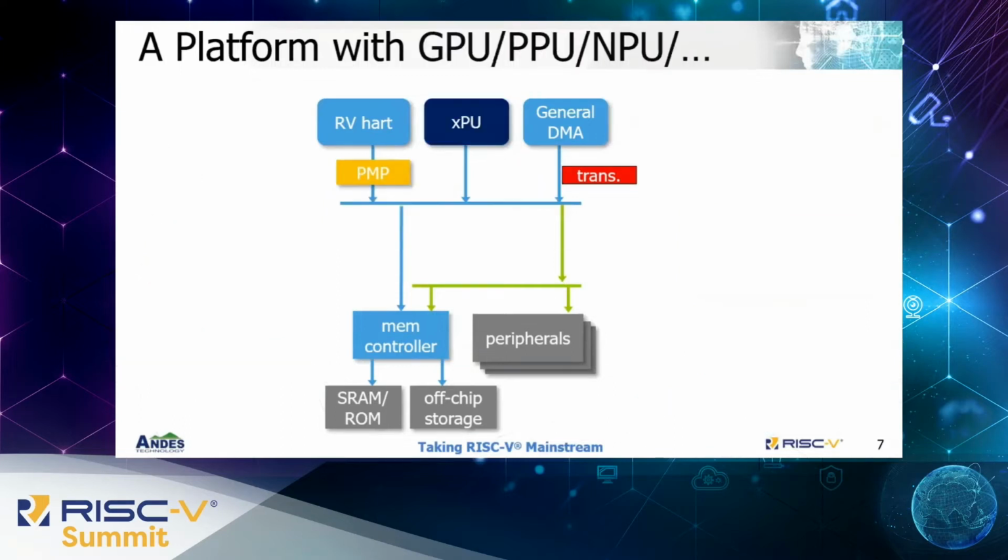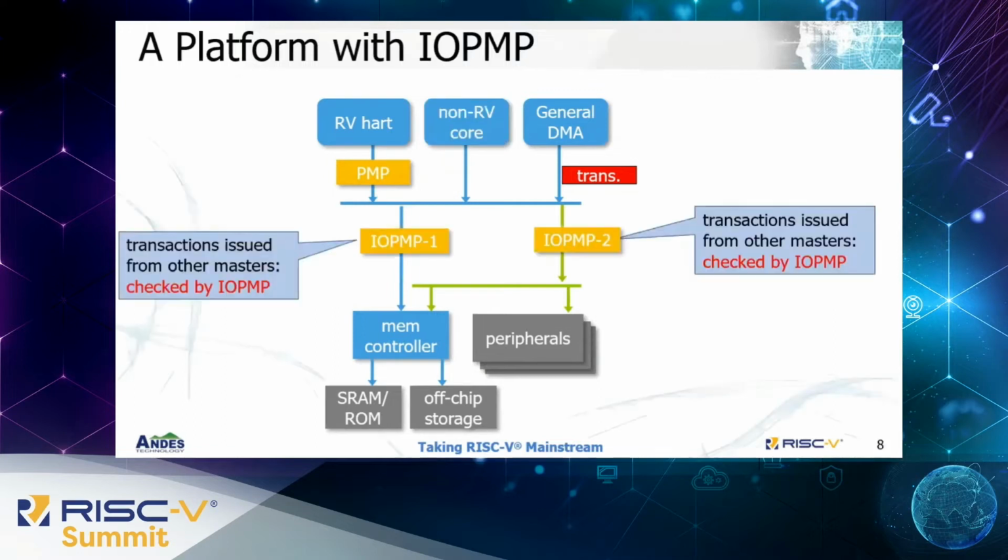If your system has GPU, NPU, or other accelerators, the situation becomes more complicated because such a bus master can get a piece of program as an input. Analyzing if a piece of program will send an illegal transaction is not practical. Thus, the IOPMP was proposed. It's a hardware checker for all bus masters. We put IOPMPs in every path that transaction may go through to ensure no memory violation.